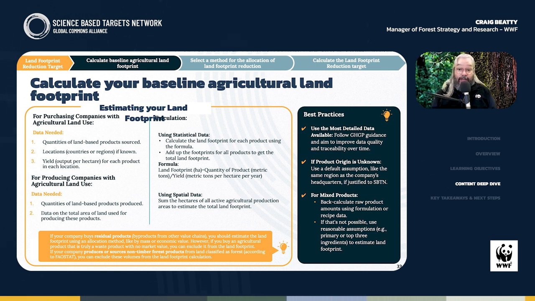SBTN understands the complexities of land management and the need to balance social and environmental concerns. Therefore, if a company has a valid reason to exclude certain agricultural lands from the land footprint reduction target to preserve traditional livelihoods, SBTN will consider these requests on a case-by-case basis during the target validation phase.